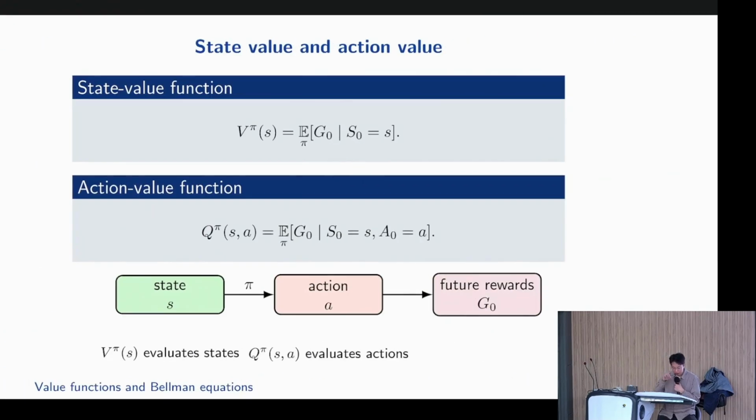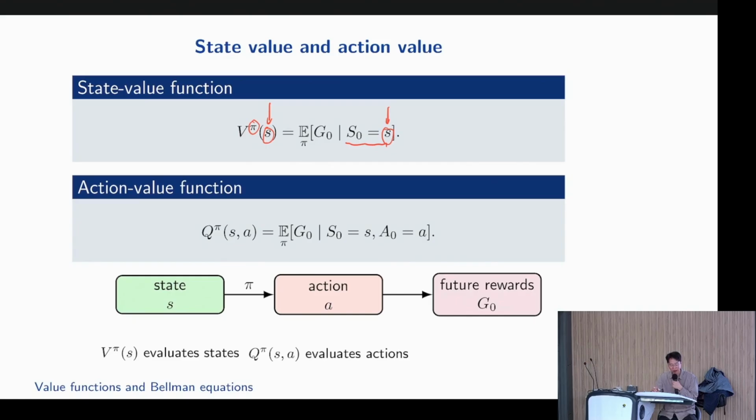Okay, so we're not quite done with definitions. There are more to come. So first of all, state value function and action value function, or V pi of S, Q pi of S, A. So state value function, the definition is expected return conditioned on starting from state S. So conditioned on the fact that you start from this state here and act according to the policy, what is your expected return?